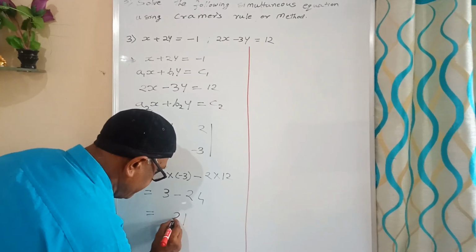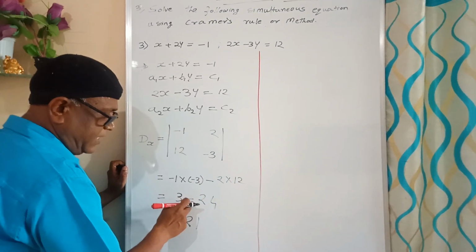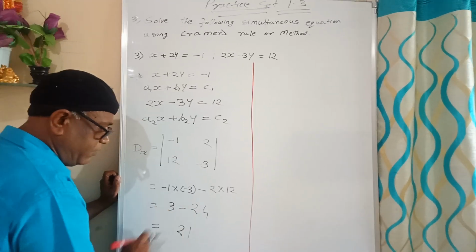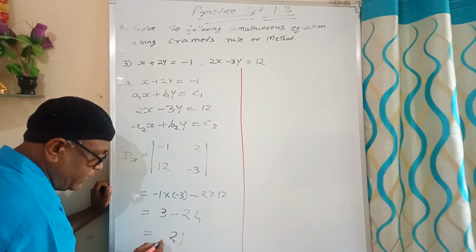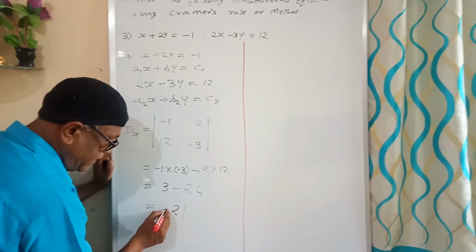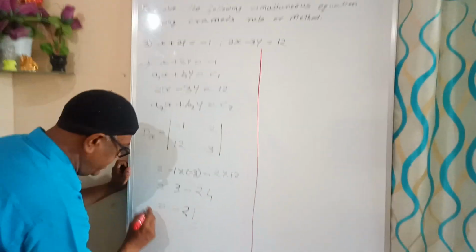Here one plus sign is there, one minus sign is there, subtract it but keep the greater number's sign. The greater number is 24, so minus sign. This is the value of Dx.